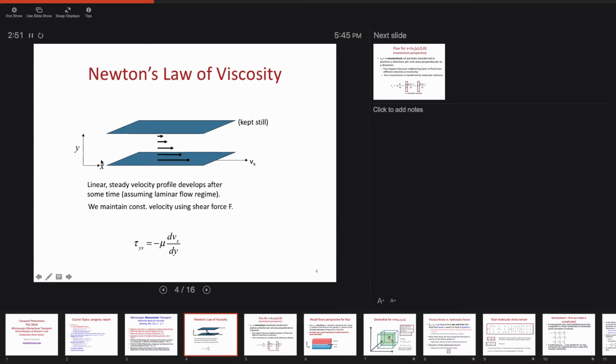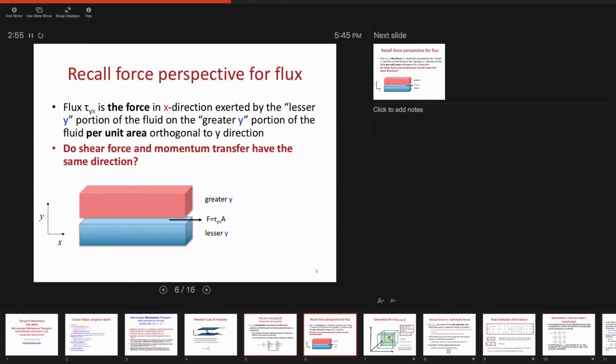So in that sense, this was an extremely simplistic situation. Nevertheless, I can still imagine a box of fluid, and there is this y plane that is orthogonal to the y direction, and my momentum transfer is going across that plane. The only thing I had to transfer in this initial case was my x momentum.